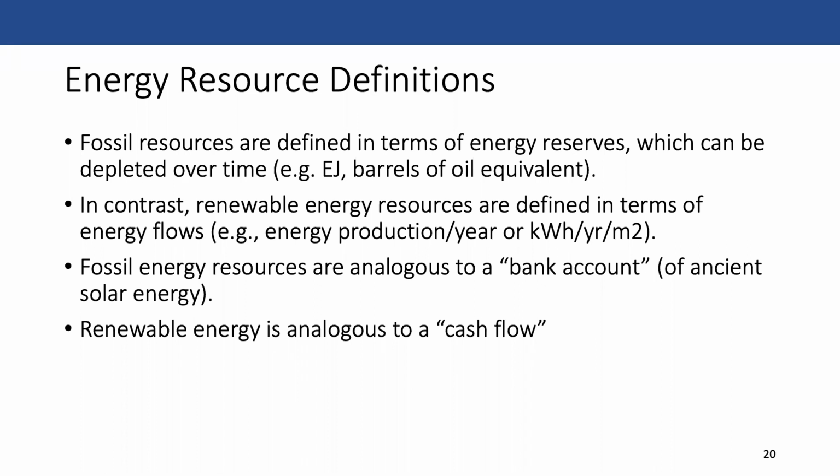So we think about fossil energy resources as being like a bank account, whereas renewable energy is analogous to cash flow. In this parentheses, I'm saying fossil energy is like a bank account of ancient solar energy. And the reason for that is that fossil energy really is just converted solar energy, if you think about it.